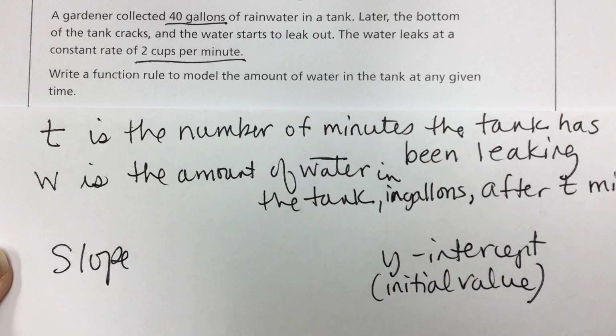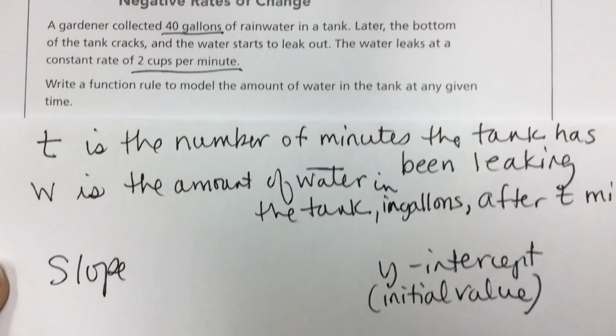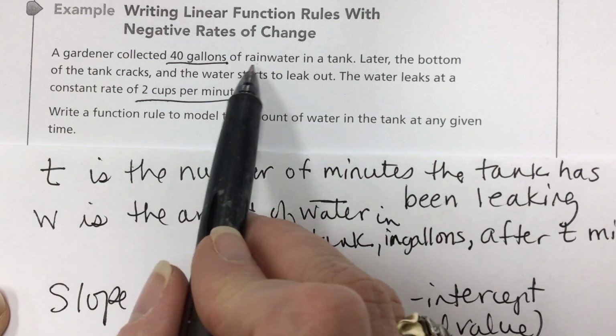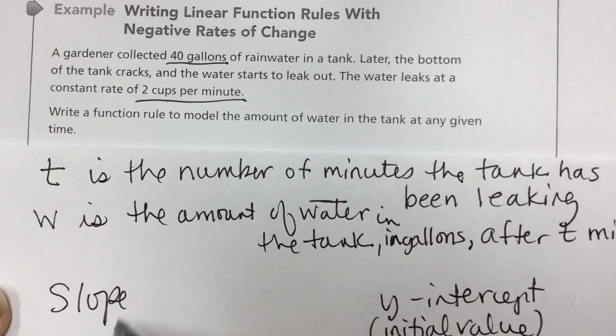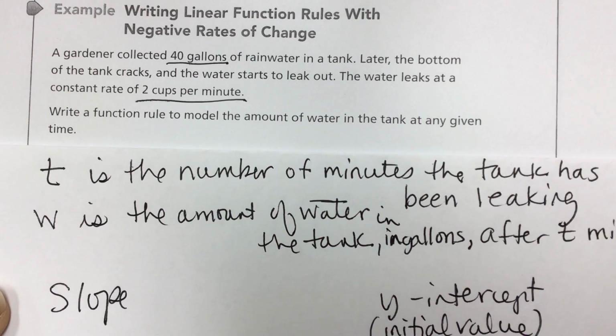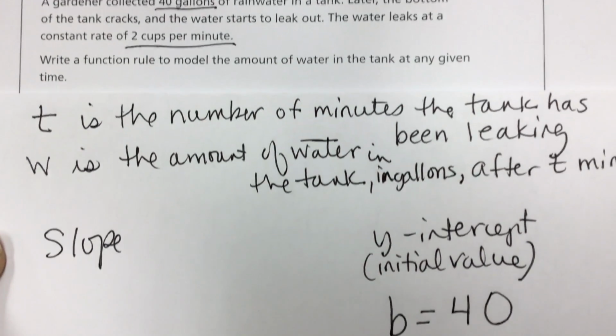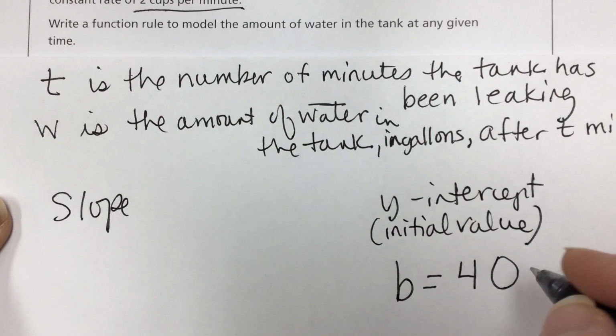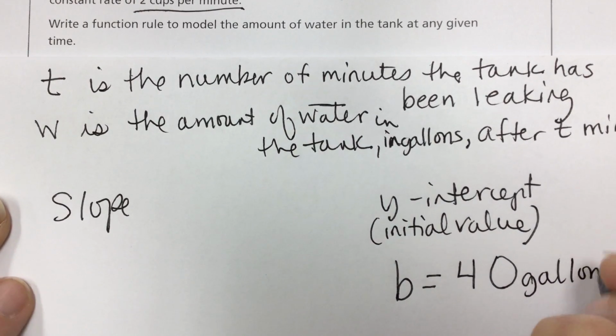Do we know how much water was in the tank to begin with? Yes. Therefore, here there was 40 gallons of rainwater in the tank. Therefore, my B is going to equal 40.